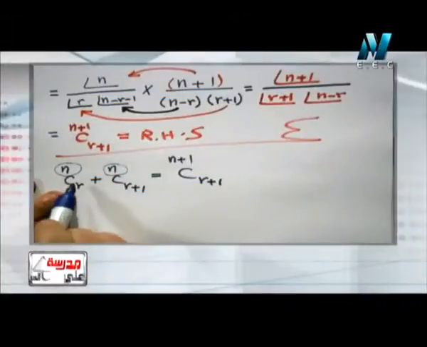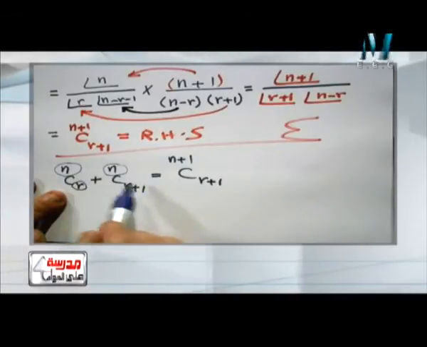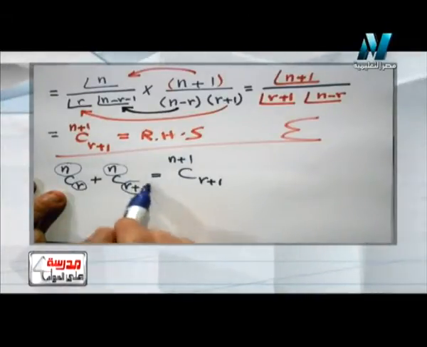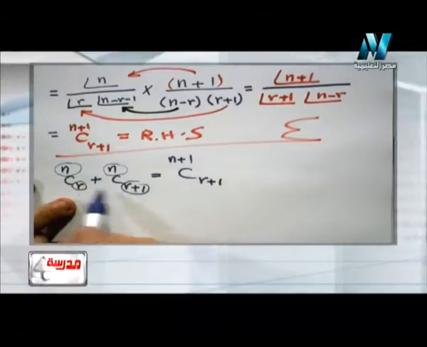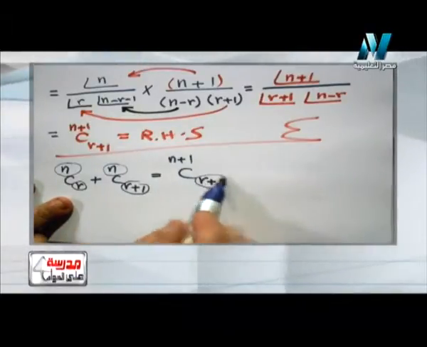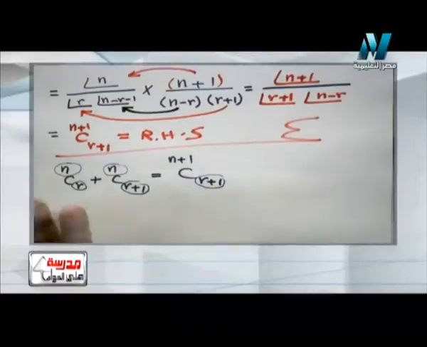And for R and R plus 1, we write the greatest number of them, which is R plus 1. So by using this, if we have two combinations, one of them NCR plus NCR plus 1, it is equal to N plus 1, N increased by 1, and take the R that is the greatest. Why are we saying this? Because we had two requirements.